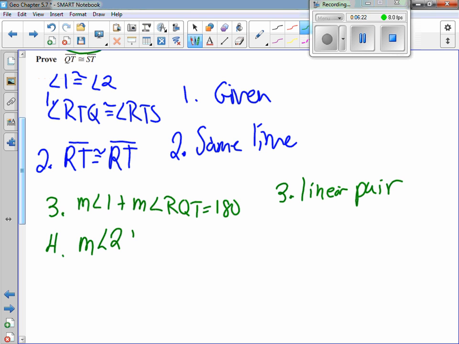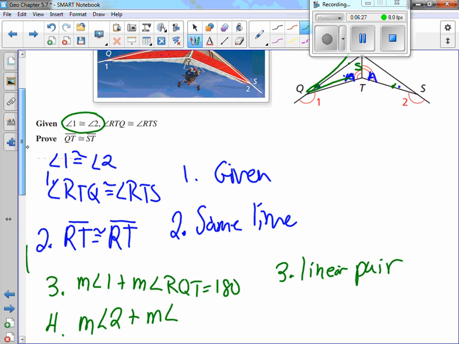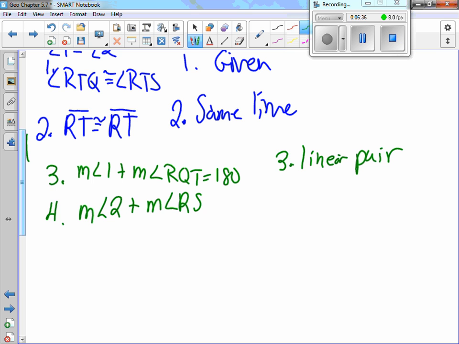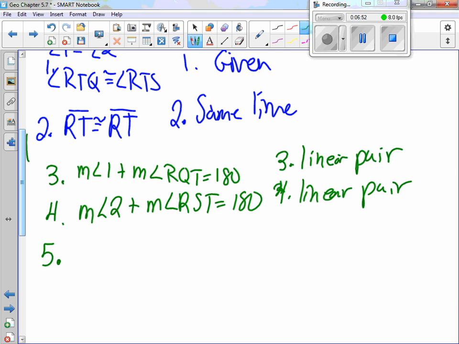We can also say that the measure of angle 2 plus the measure of angle, what would it be? Look back up here. RST. And that's, again, a linear pair. Because they make a straight line, we can say that they're a linear pair.